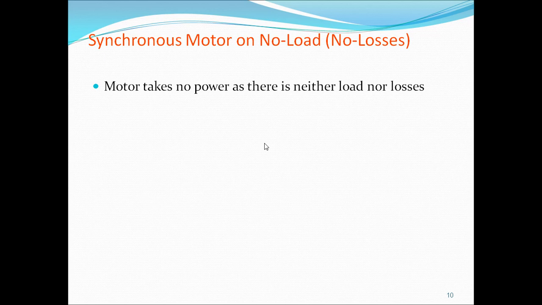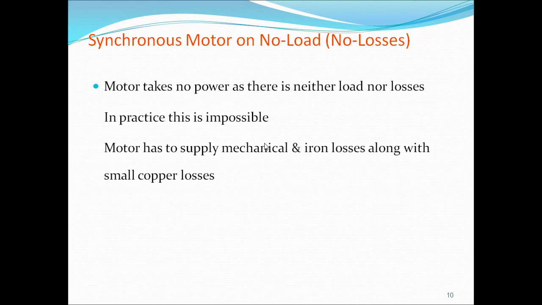So the motor takes no power as there is neither load nor losses. When there is no load and no losses, it is an ideal motor and it is not going to take any input also.